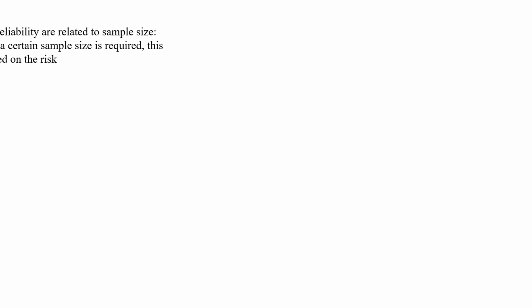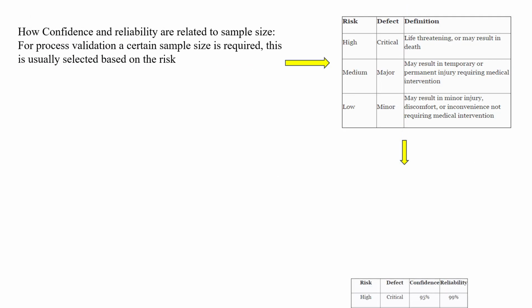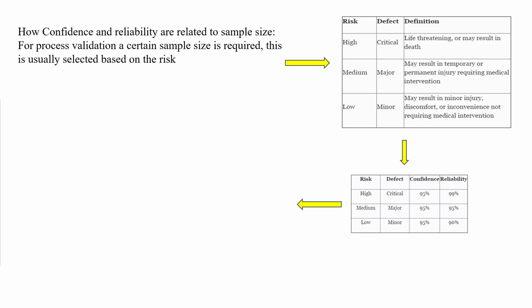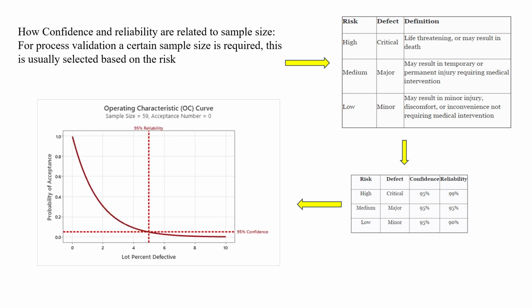One other important thing that we have to explain is that for process validation, based off the risk and defects, you define a minimum sample size. Let's say you have a medium risk and a major defect, and your confidence and reliability is 95-95.